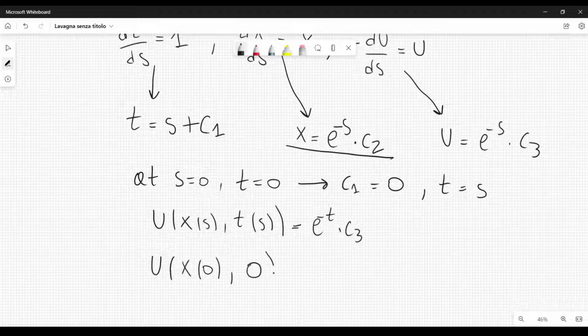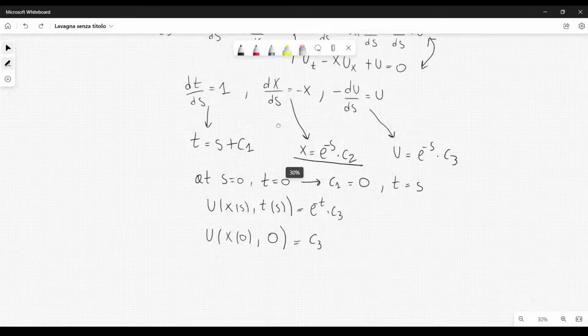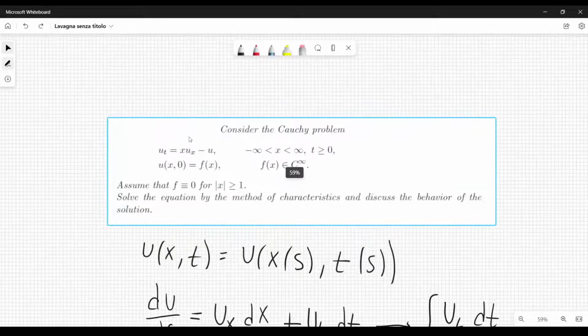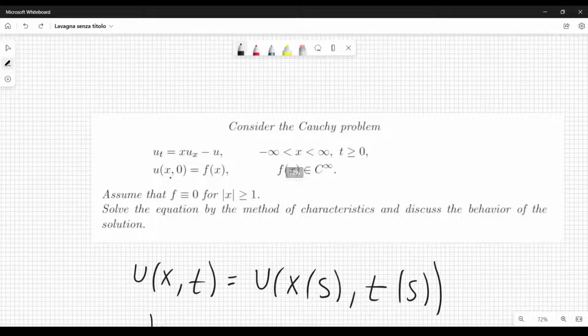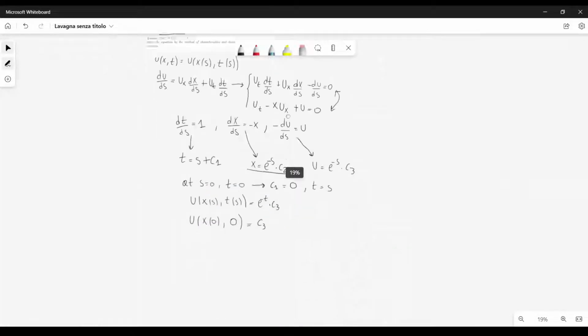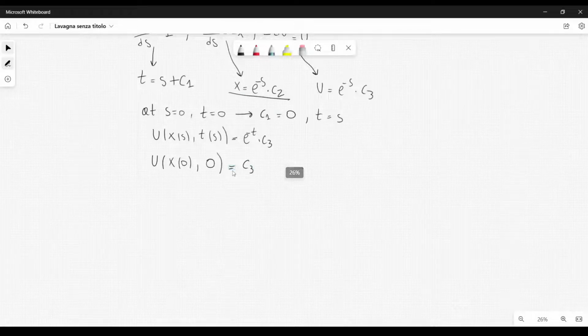This is simply equal to c3, because e to the minus t when t is equal to 0 is 1. But what is c3? Well, we can find it also from this condition, u of x, 0 is equal to f of x. So this means that c3 is equal to f of x of 0.